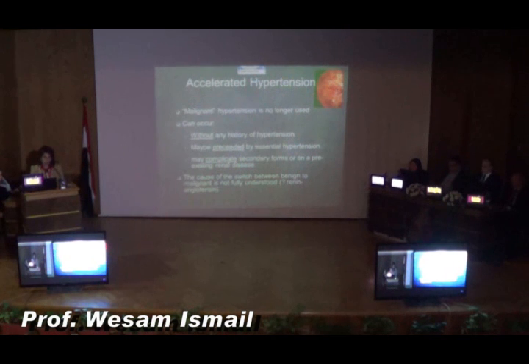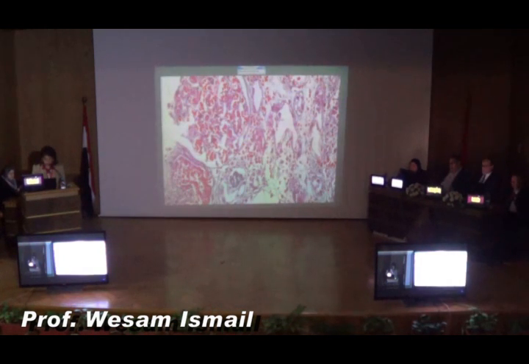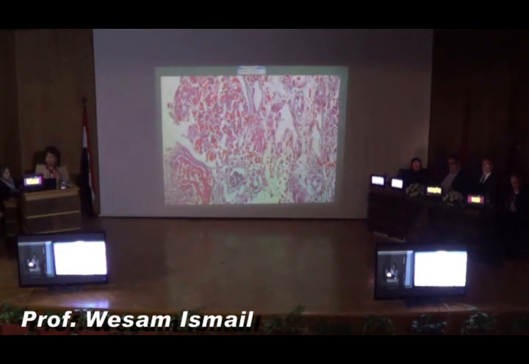The cause of the switch between the benign phenotype and malignant hypertension is not yet fully understood. However, there is a probable accusation of the renin-angiotensin axis within this switch between the benign and the malignant. What does accelerated phase hypertension or malignant hypertension present like?